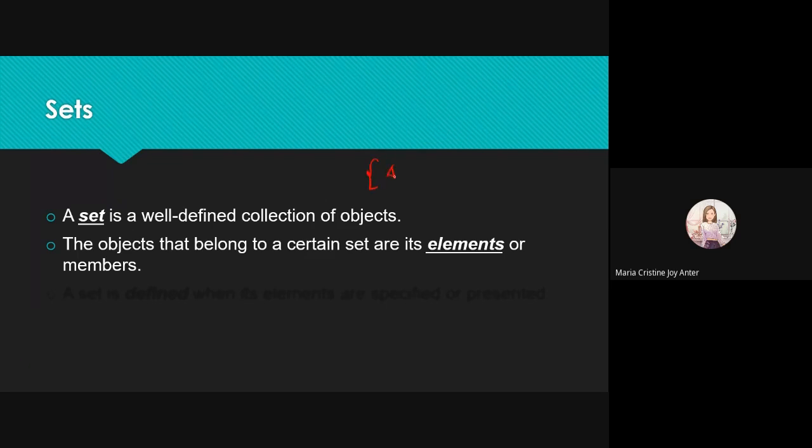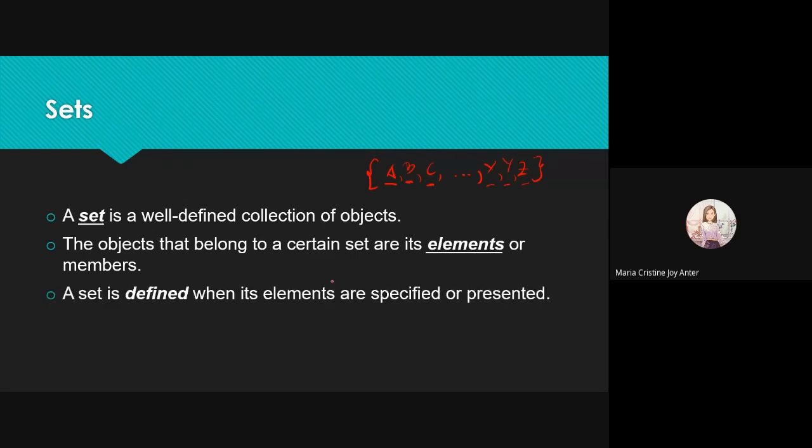A, B, C, and so on and so forth, then X, Y, and Z. Now, each of the things in this set is what we call an element. So A, B, and C are elements or members of this set. And a set is defined when its elements are specified and presented.